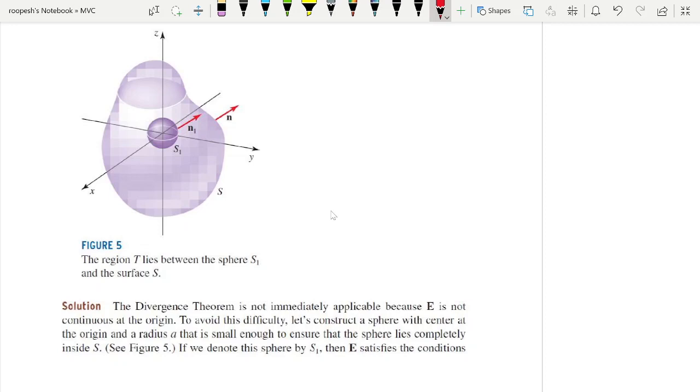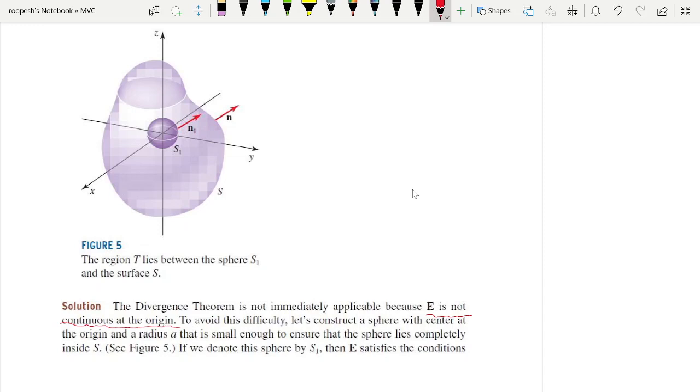So here the problem is that we cannot apply the divergence theorem since our given surface is not continuous at the origin. Now we want to avoid such a problem, right? So that's what we can do.